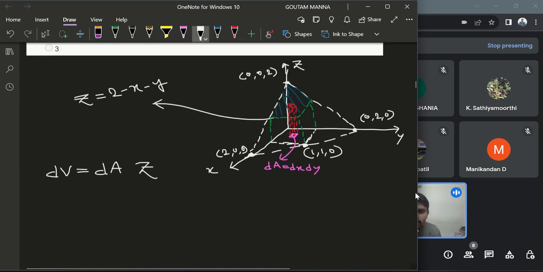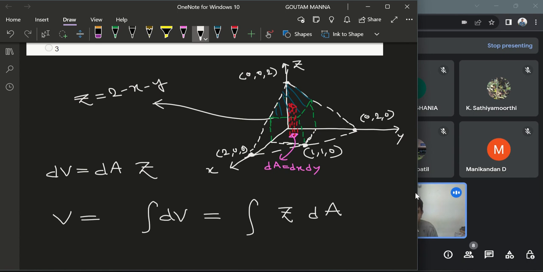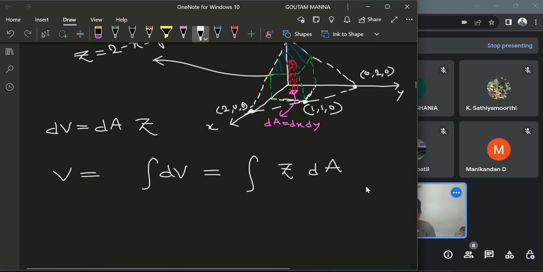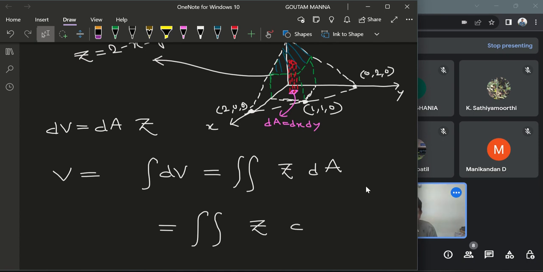And now if you want to find the entire volume, we need to sum all these dV's, so the total volume will be the integration of dV, which is the integration of z dA, and that will be a double integral of z dx dy.